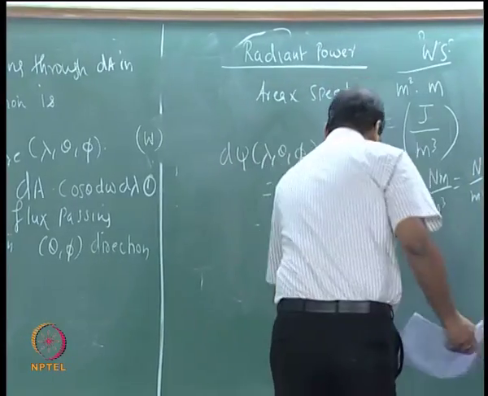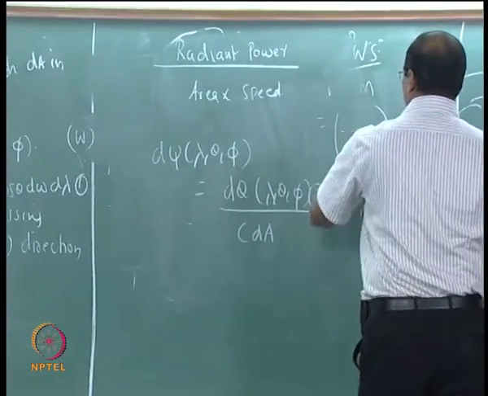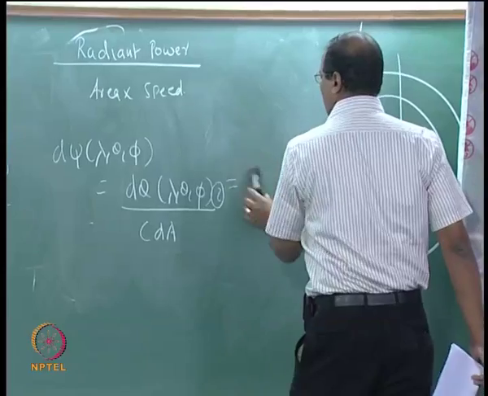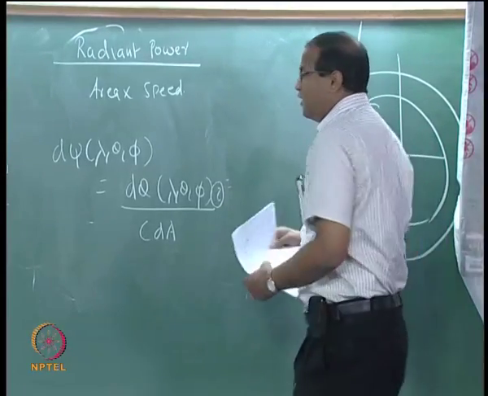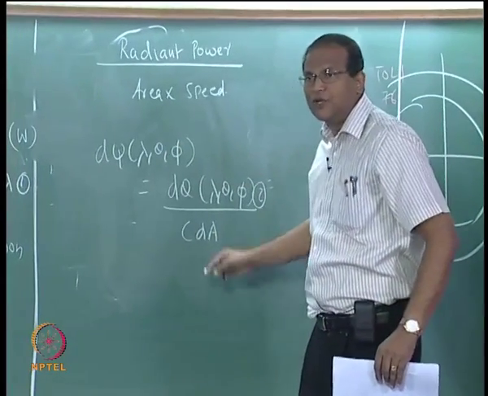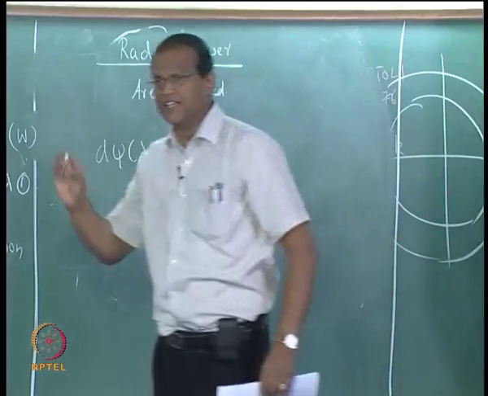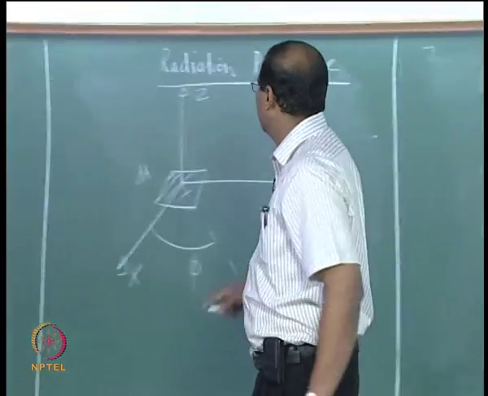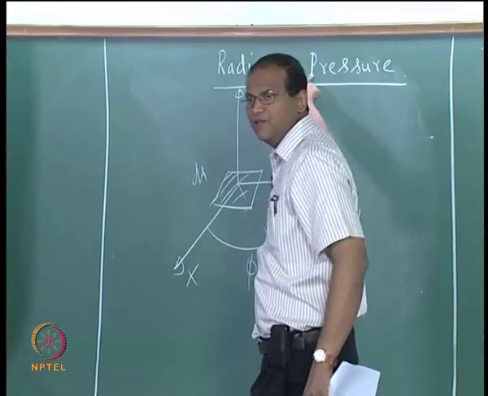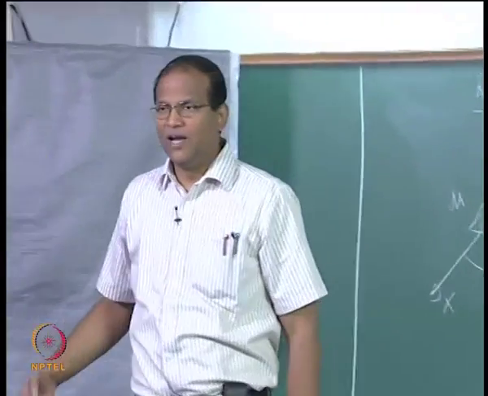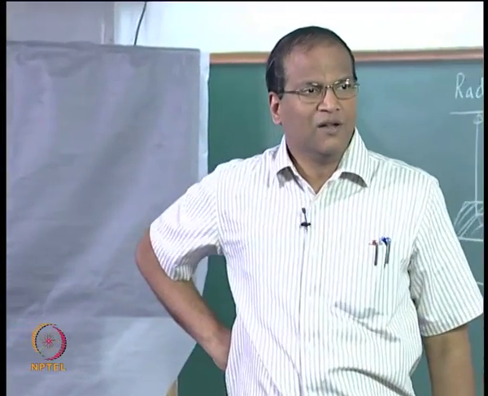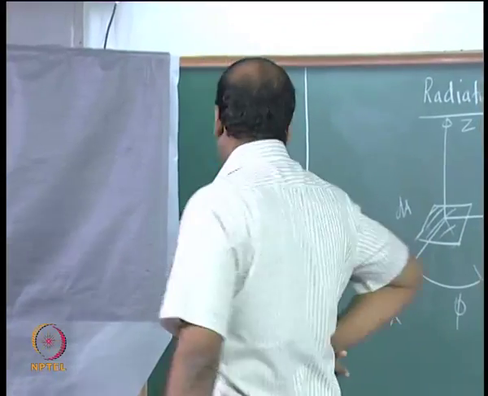You are convinced that it has the units of joules per meter cube or Newton per meter square. So if we proceed along this direction, we should get an expression for radiation pressure. That is the goal of this exercise. The title is radiation pressure for this subsection. By going through these mathematical steps, we should be in a position to get an expression for the radiation pressure.